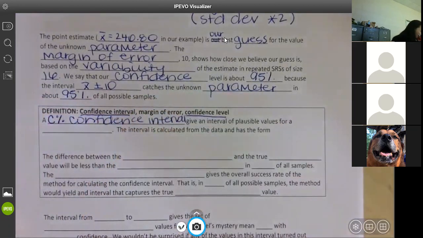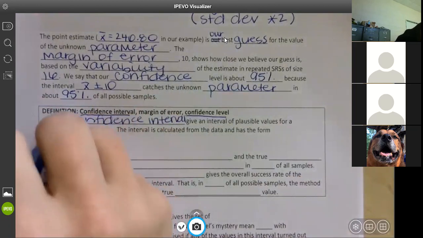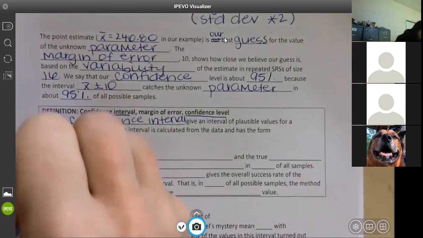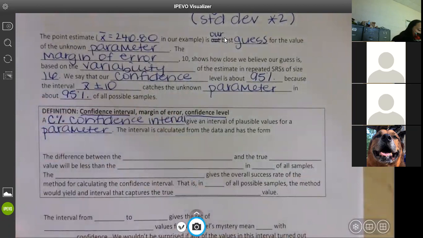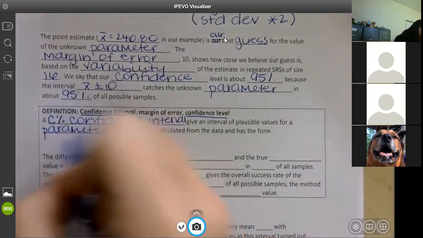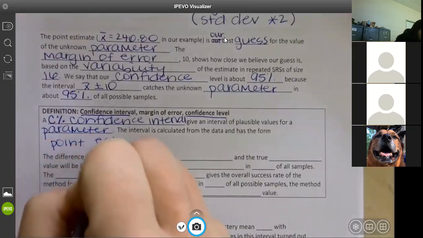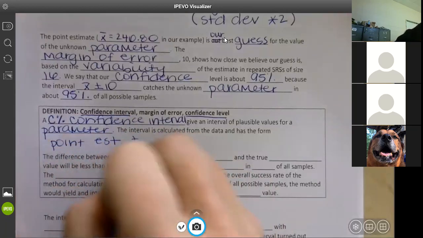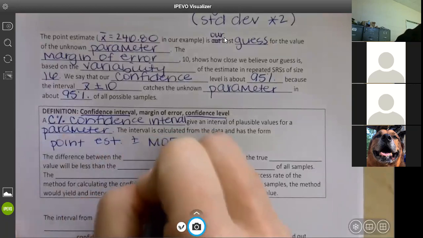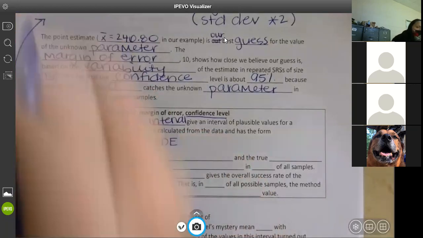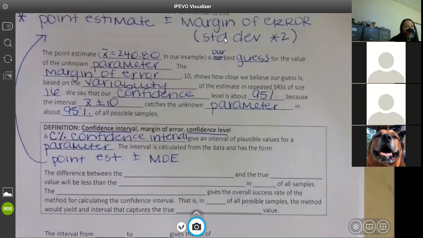A confidence interval gives an interval of plausible values for a parameter. The interval is calculated from the data and has the form we've already written one time: point estimator plus or minus margin of error. And again, that's that formula up there that I just wrote.